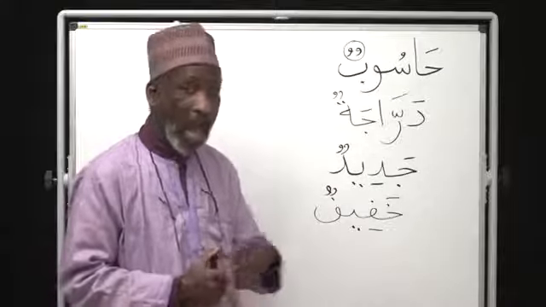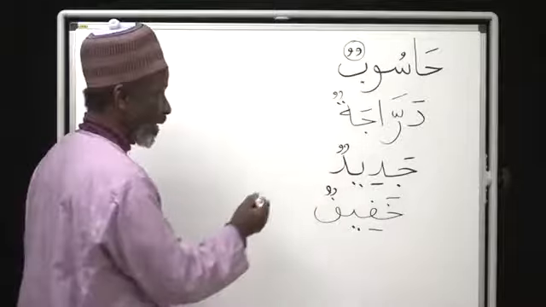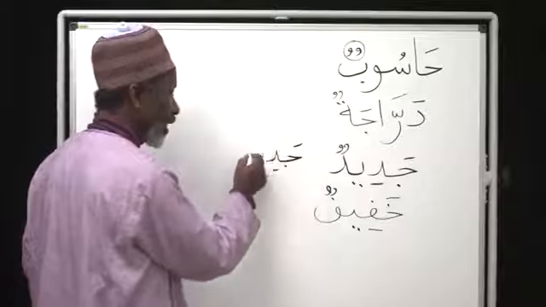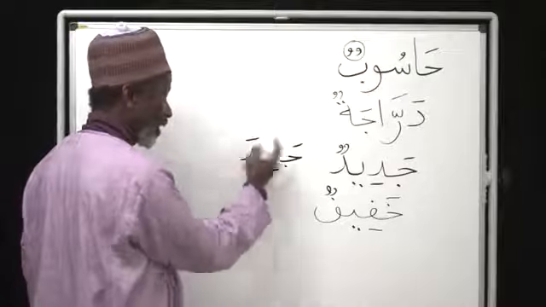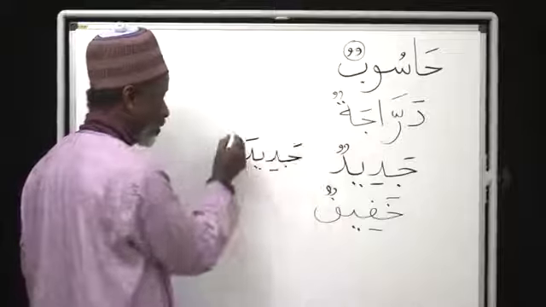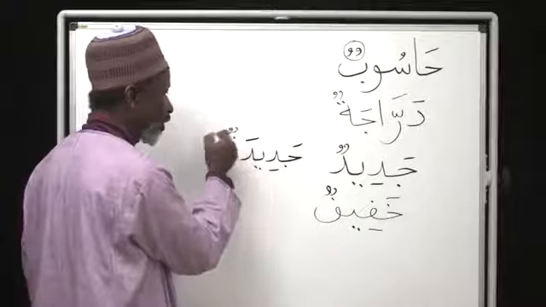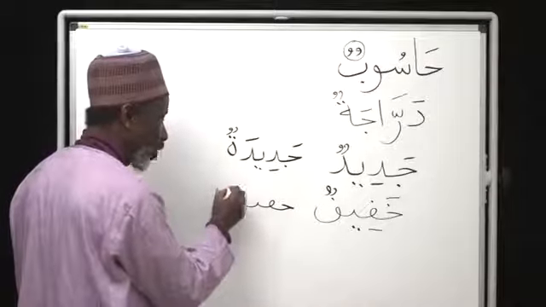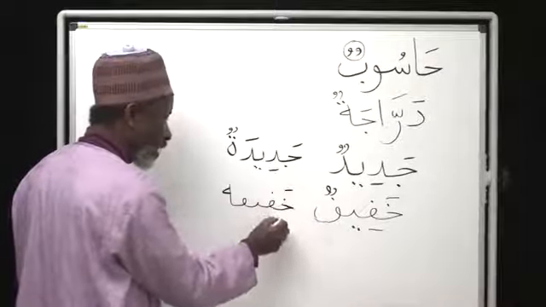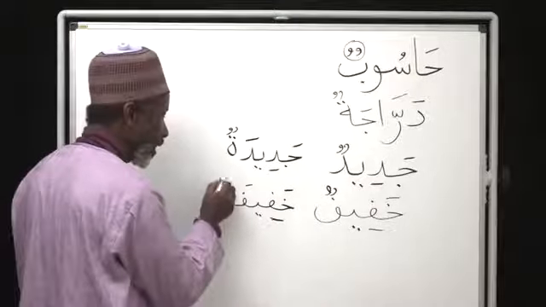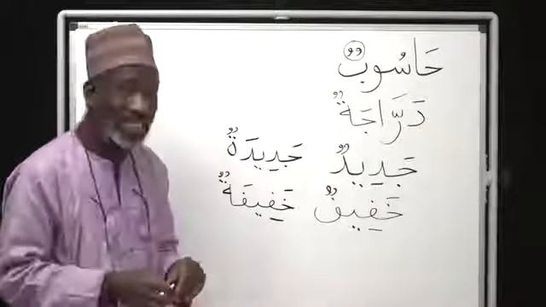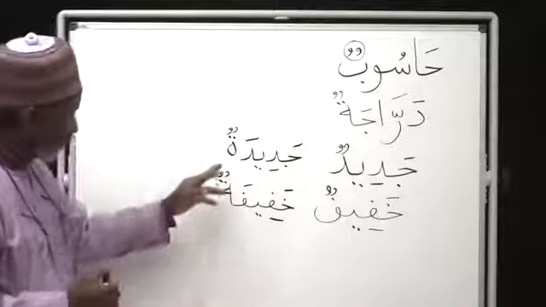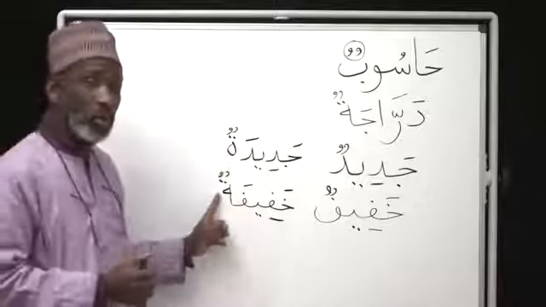Come on, atun at the end, so that will be jadi, da, transfer this onto the ta marbuta, jadidatun, and khafifatun, light in weight. Jadidatun, khafifatun, right, because we have ta marbuta here and ta marbuta.